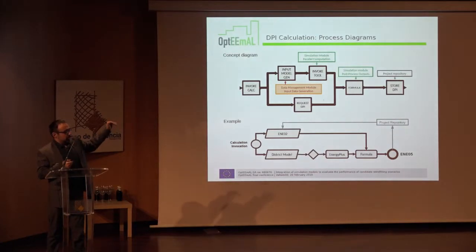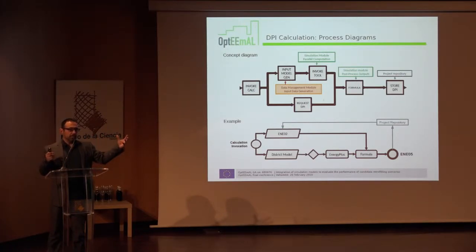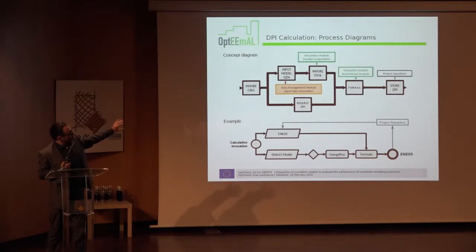Here on the top, you see a concept diagram of how the DPIs have interdependencies among them. For example, one DPI depends on other DPIs. So on the top, you see how these interdependencies in the calculations of the DPIs are resolved. When you invoke the calculation, you request the dependent DPIs. And then using the tool, you apply a formula in order to compute the last DPI and communicate it back to the project repository.